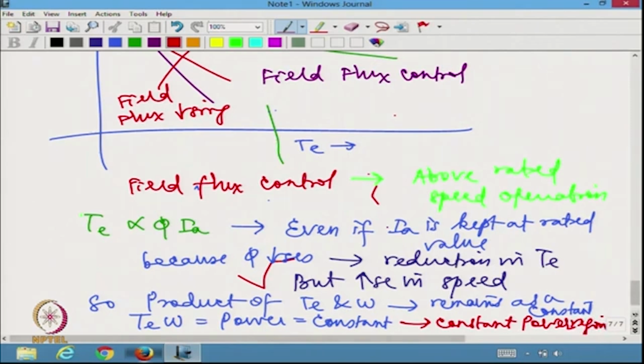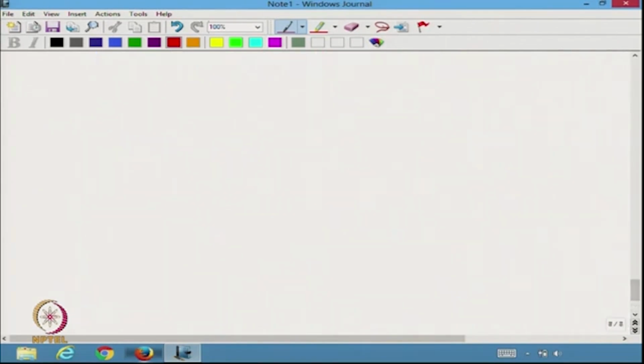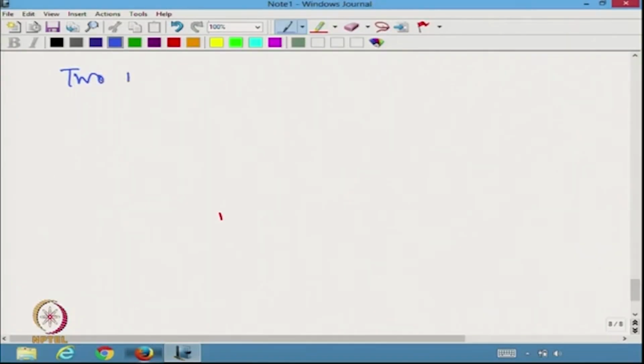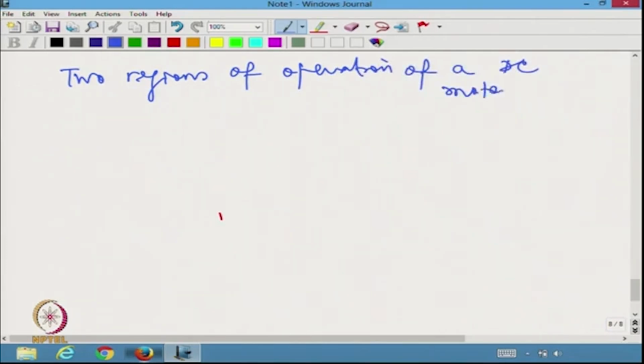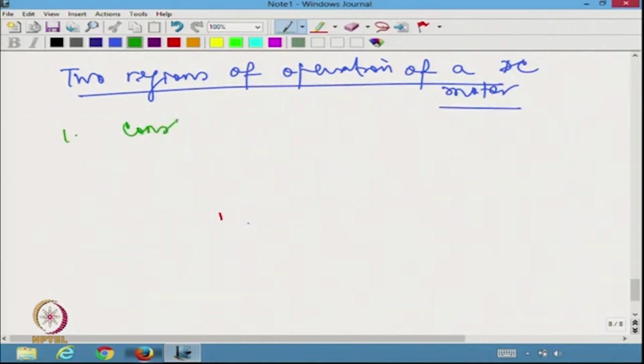So, I can say there are distinctly two regions of operation of a DC motor. One is constant torque zone.